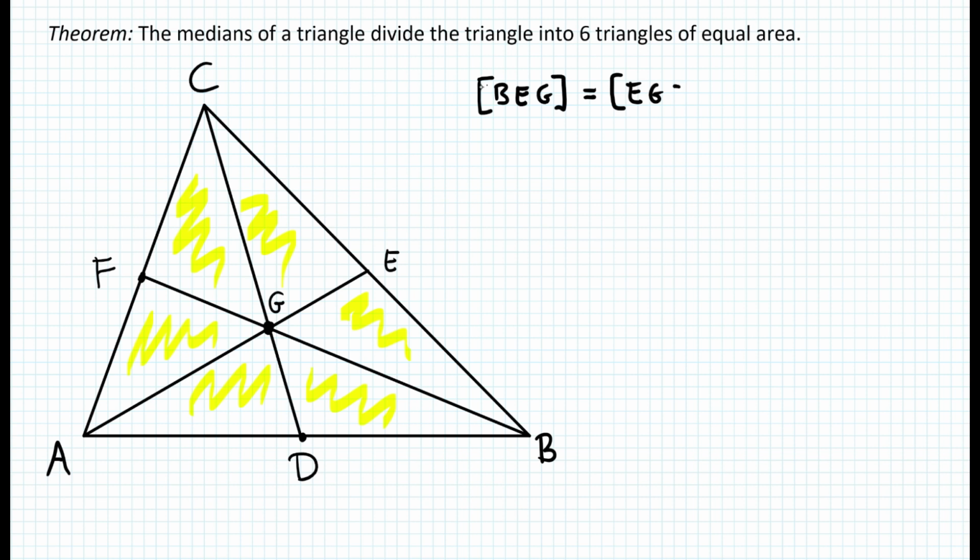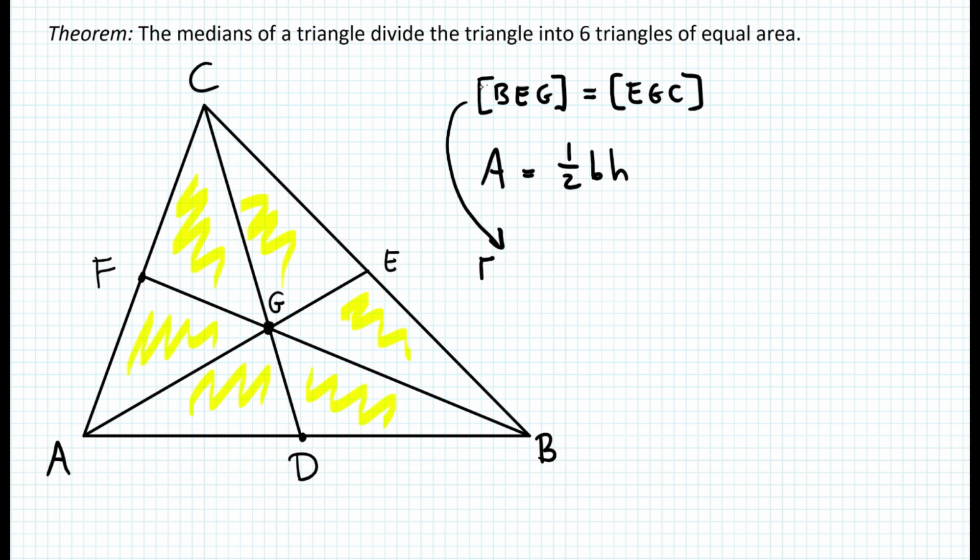Now, why can we say that these two have the same area? It turns out that you know that the area of a triangle is equal to 1/2 times the base times the height. So for example, if you focus on this one, what is the area in this case expressed as base times height?